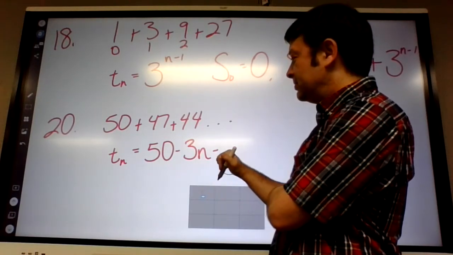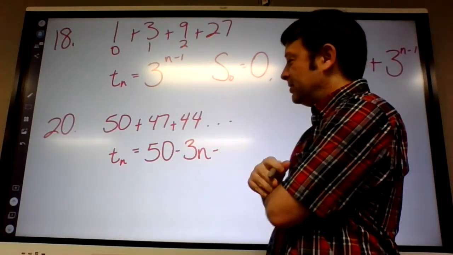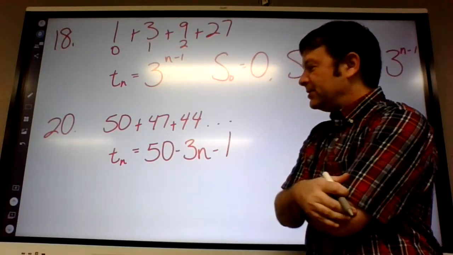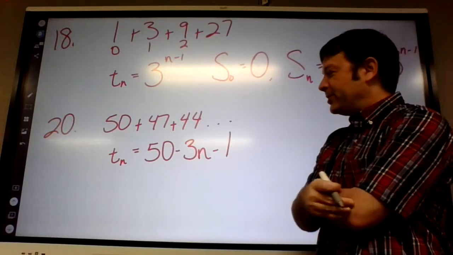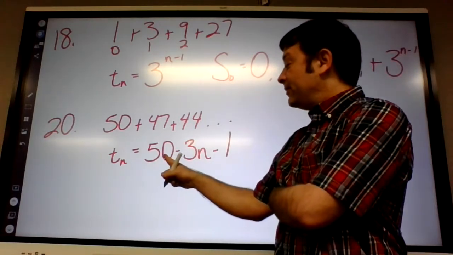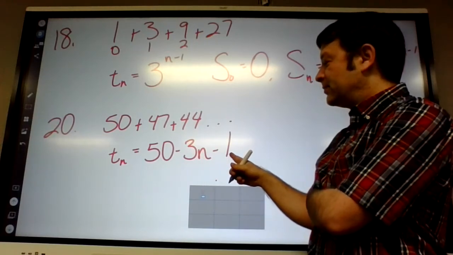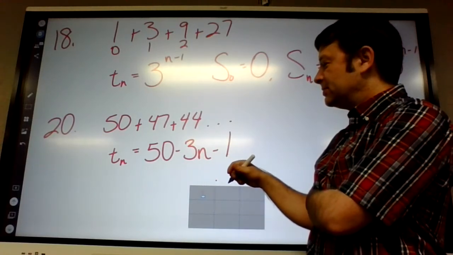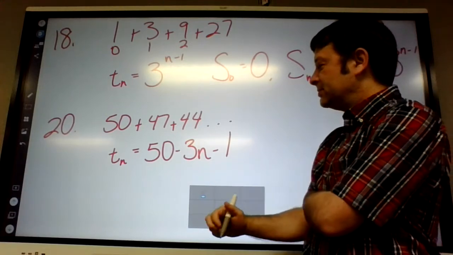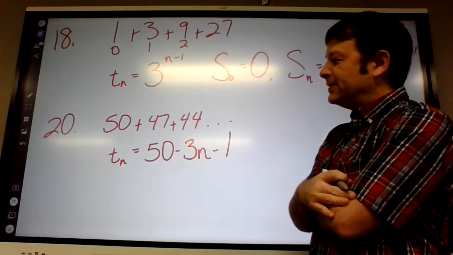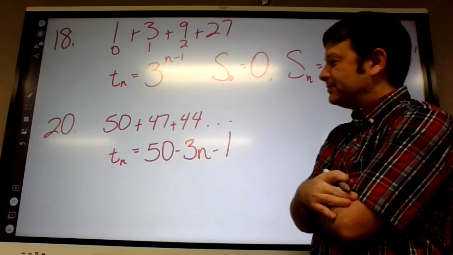Because then if you put a 1 in, it'll just be 3 times 1. That'd be the recursive definition. Okay, you guys are close. It's not quite right. If I plug a 1 in right now, I get 50 minus 3 minus 1, which is 46.